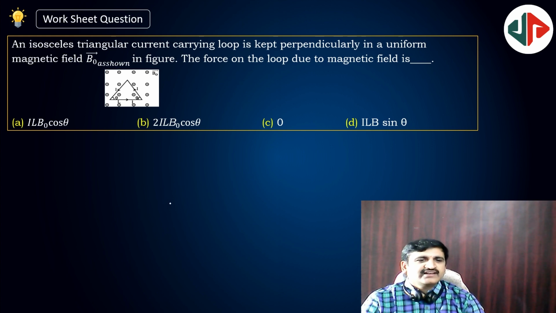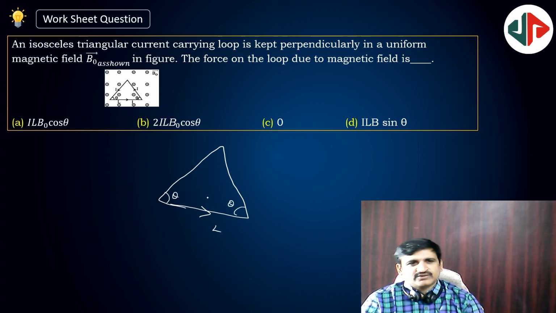Okay. Let me draw the picture. This is one side, this is another side, this is another side. This is L. Okay, isosceles, not equilateral. This is theta, this is also theta. This one is just L, and if it is L, these two are different, right?